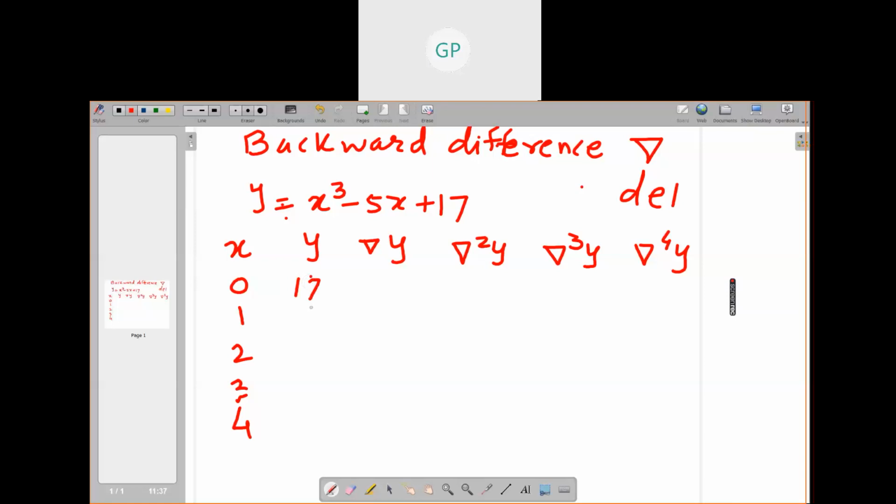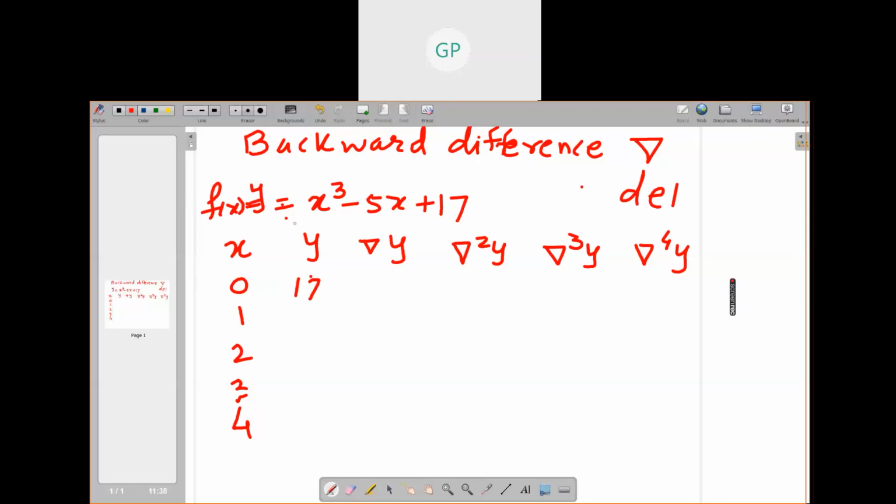Backward difference table. All of you are writing it? First value is 17. First y value is 17 at x equal to 0. So see, you can call this y as f of x also, right?